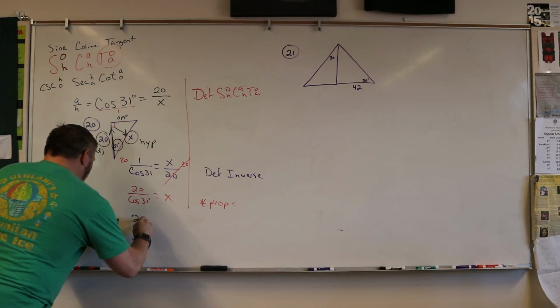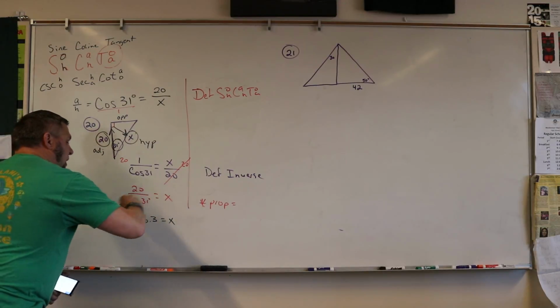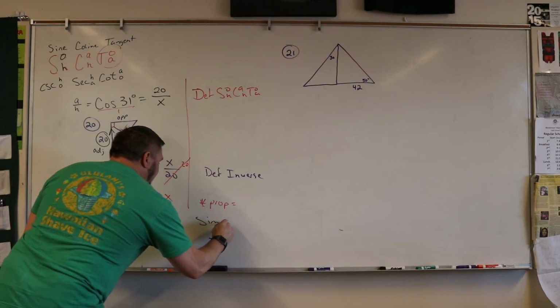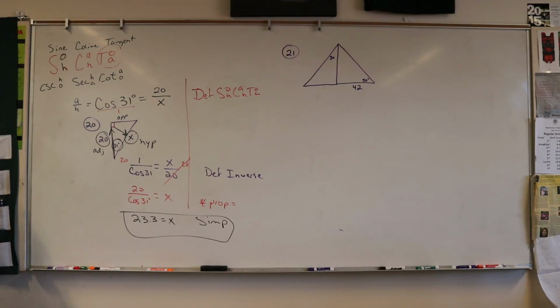So 23.3 is equal to x. And that's just simplifying. And that's how we're going to find a side. Okay? And that's the biggest step to figuring out the area problems. All right, there you go.